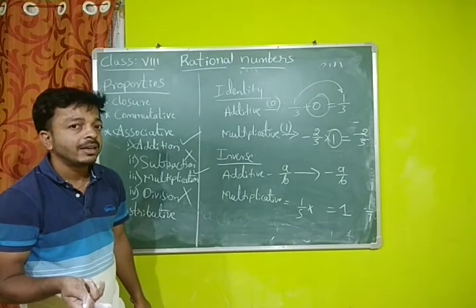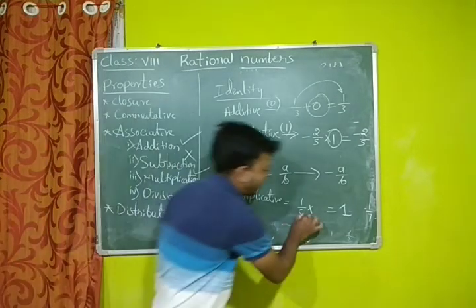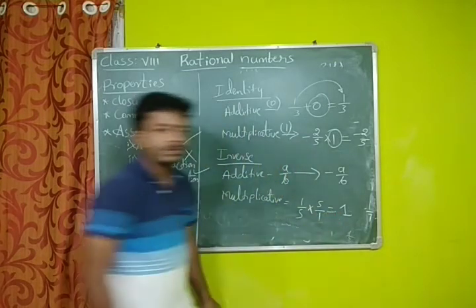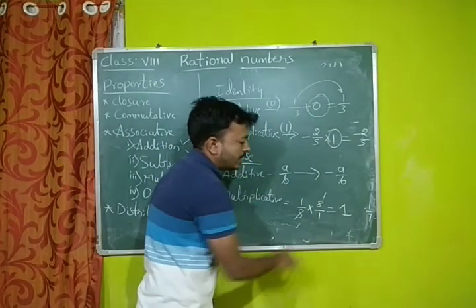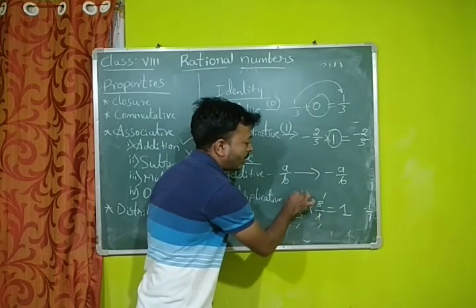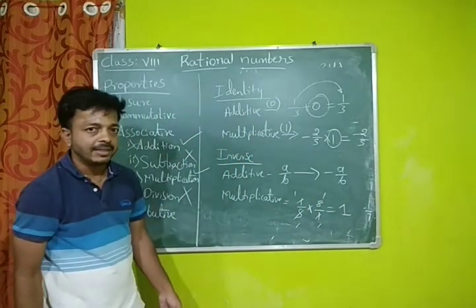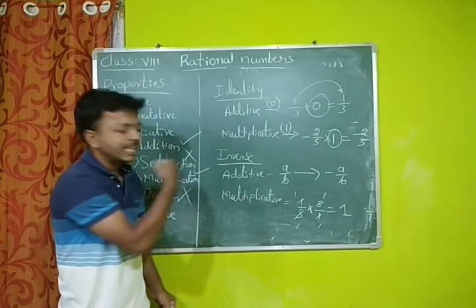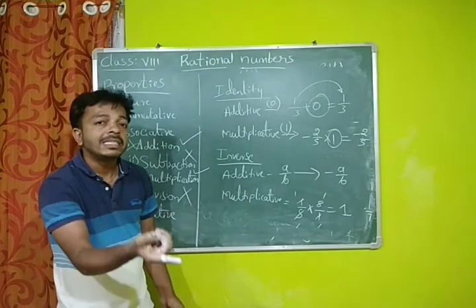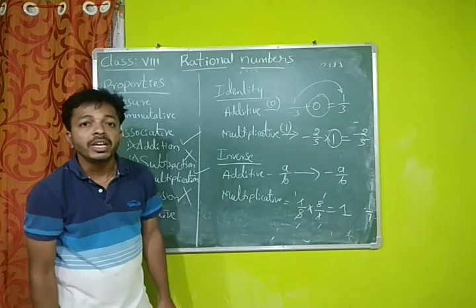You just take the reciprocal of that. The 5s cancel: 5 ones are 5 ones, and this is 1 ones are 1 ones. You will get 1. Just take the reciprocal of that rational number. That is called the multiplicative inverse.